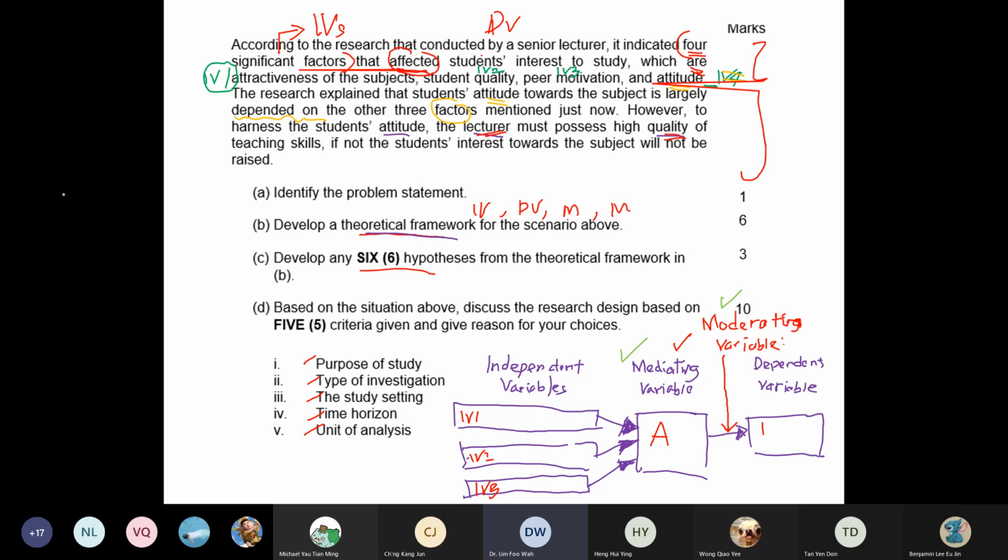Now we are going to continue with the problem statement. Identify the problem statement. Once you have developed this framework, no need to worry so much already.